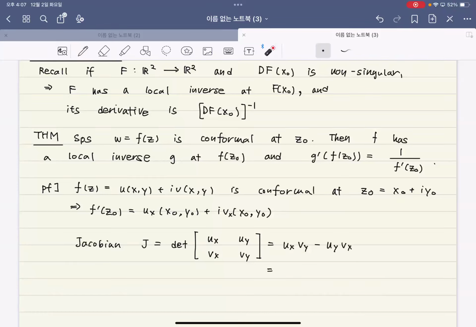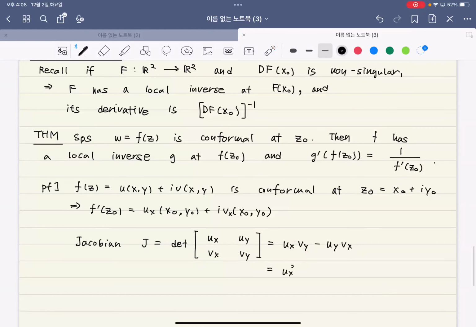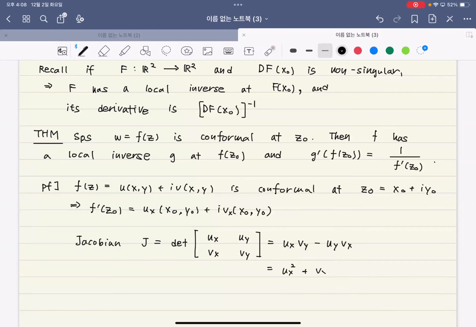Since we have the Cauchy-Riemann equations, v_y is the same as u_x. Therefore, this is going to be u_x squared, and minus u_y is the same as plus v_x, so this is also v_x squared. Hold on, what is this?